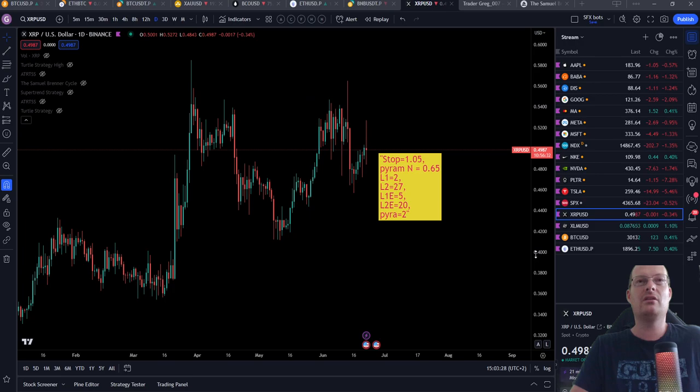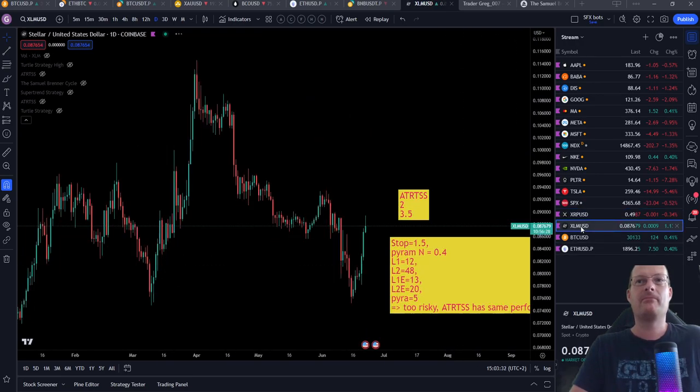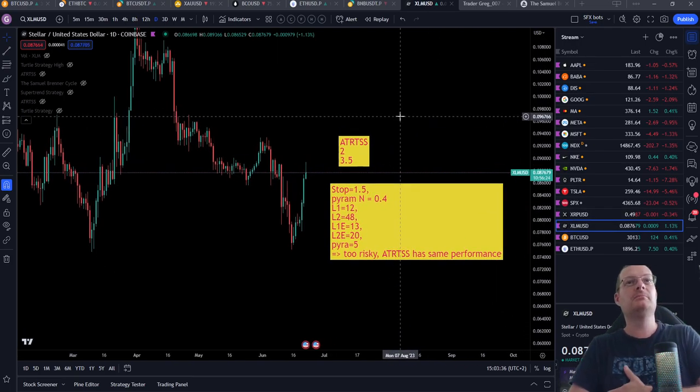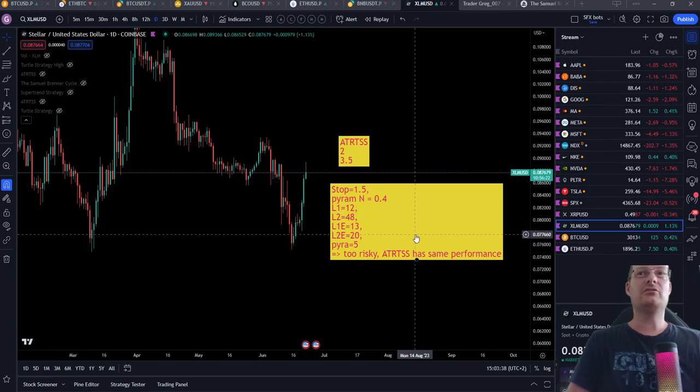So we have XRP, and then we have XLM, Lumen. And this is an interesting one.